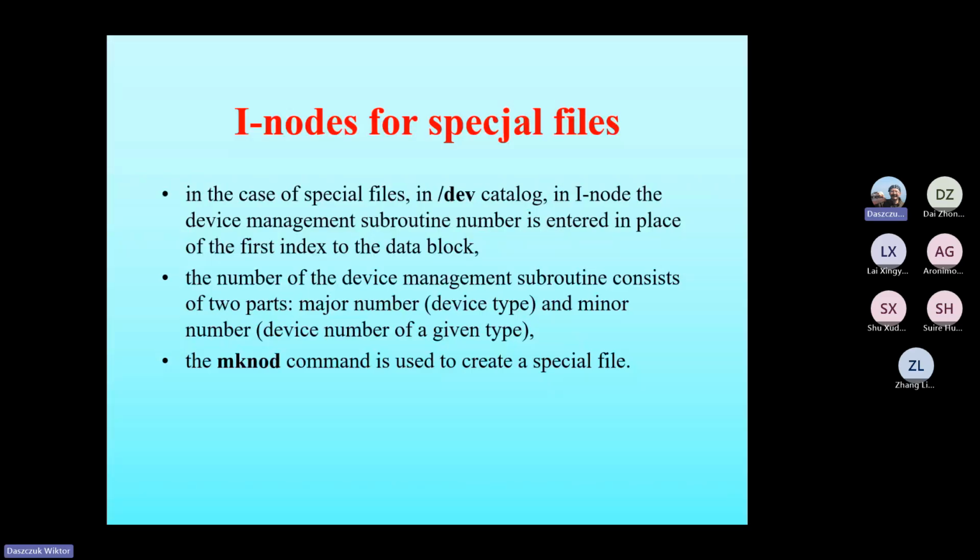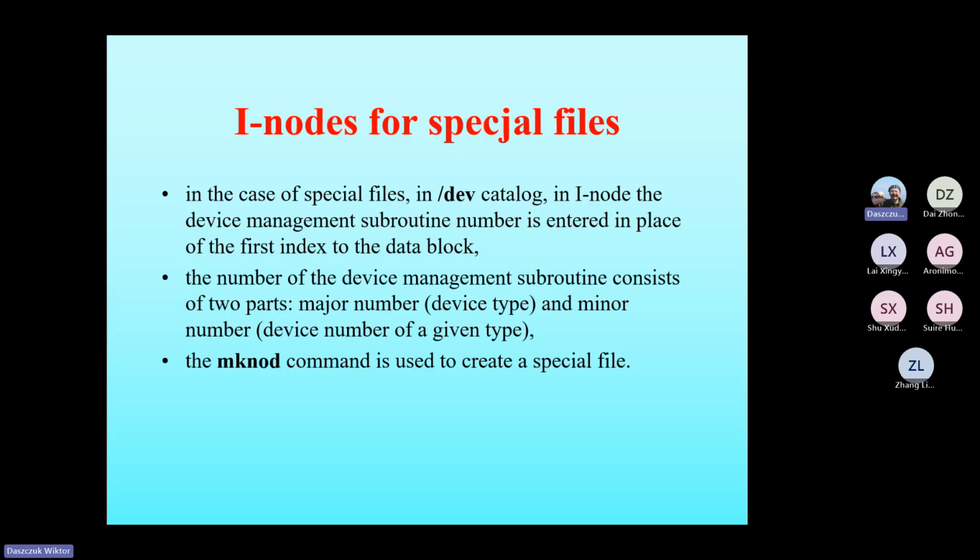How it is arranged. Every driver of a device gets a driver number in the system. And this driver number is a major number for all devices supported by this driver.